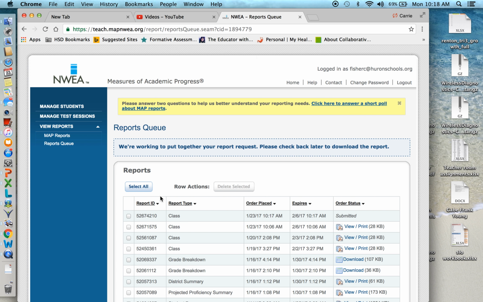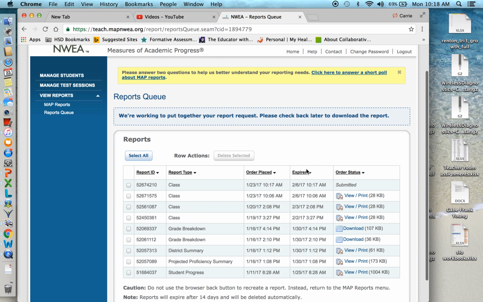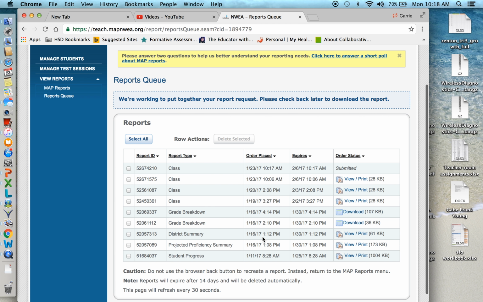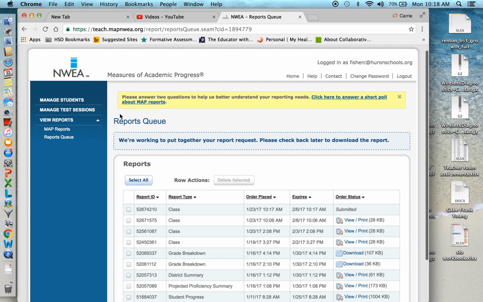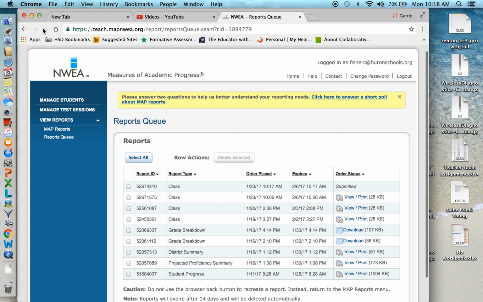And it does take a little while for them to upload. You can see once you've accessed reports, a lot of times they'll be in your report queue, so you can go back and look at them within 14 days. After 14 days, though, they're deleted. And it says to refresh every 30 seconds. And it does help because it kind of speeds it up a little bit. A little bit, not a lot.